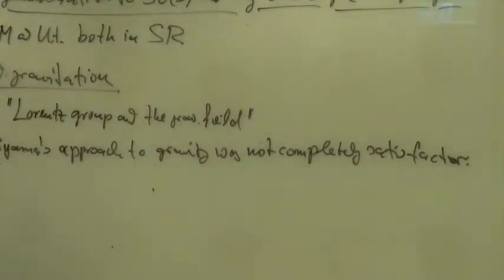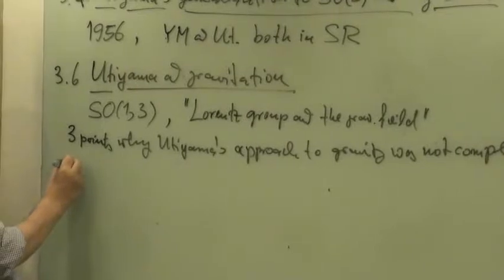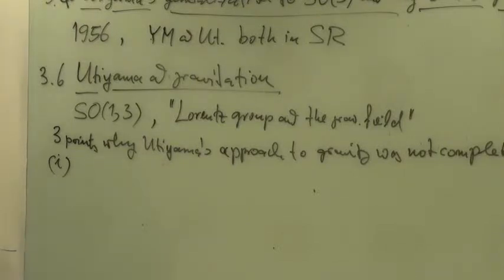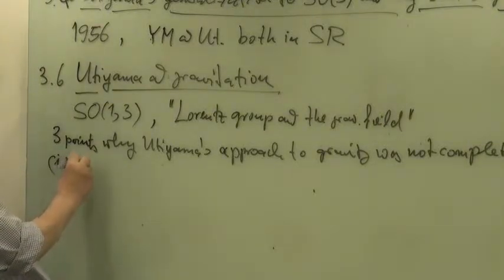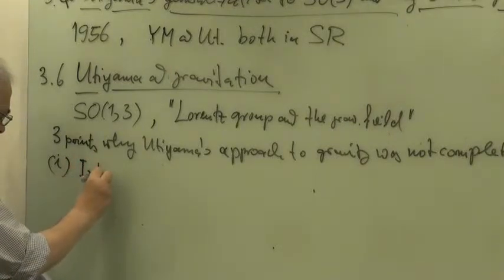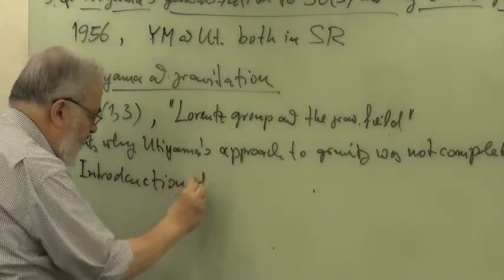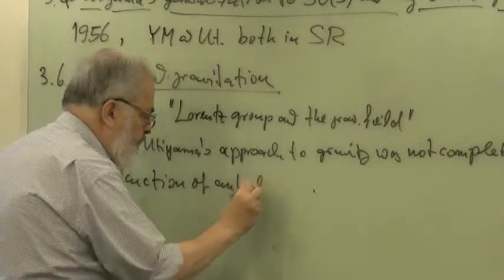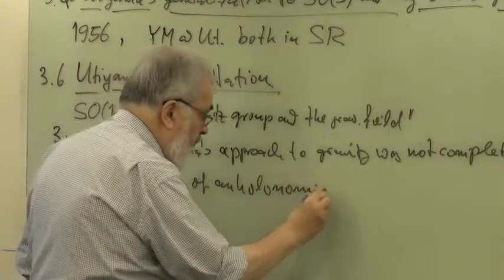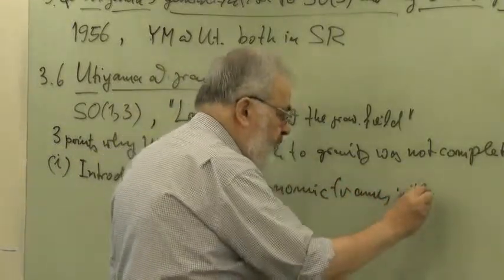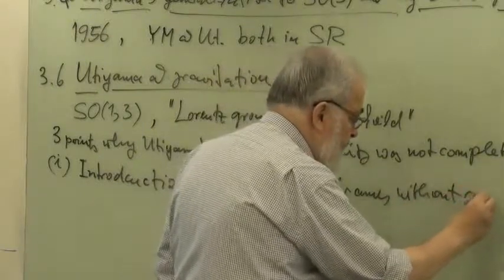First of all, in his whole paper Utiyama used coordinates. Now suddenly he introduced frames, non-holonomic frames, without convincing reasons.